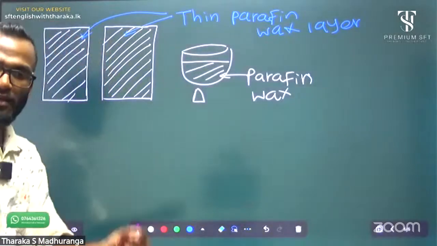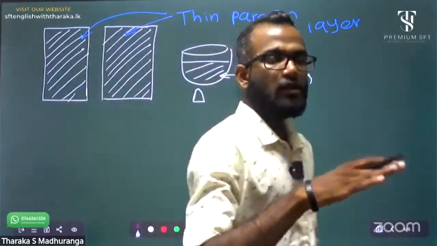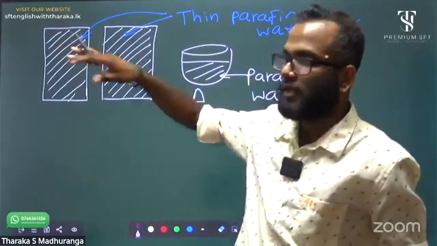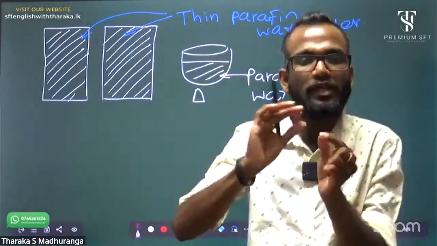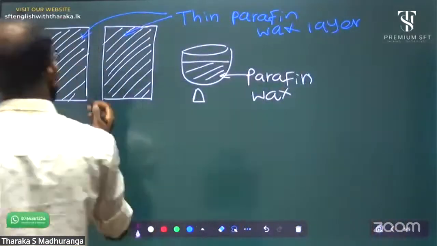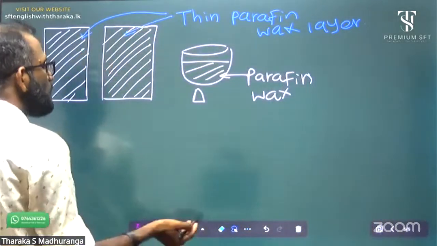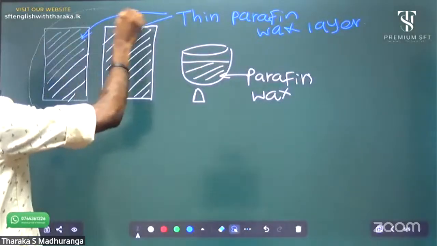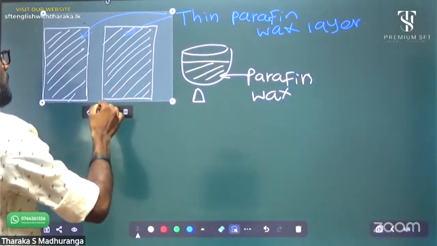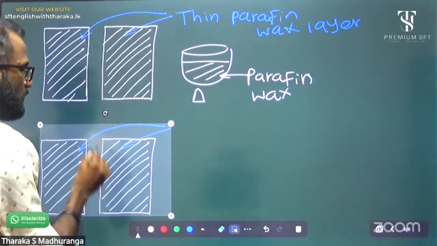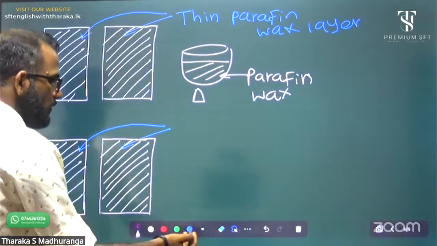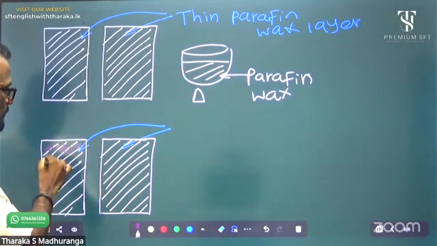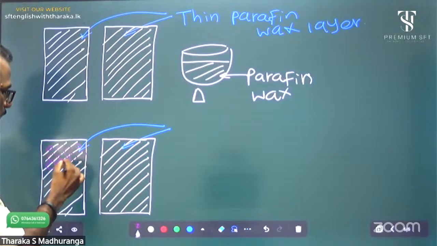Now the glass plates are already solidified. They have very thin solid paraffin wax layers. Then you can get this glass plate and lay rose petals on this paraffin wax.